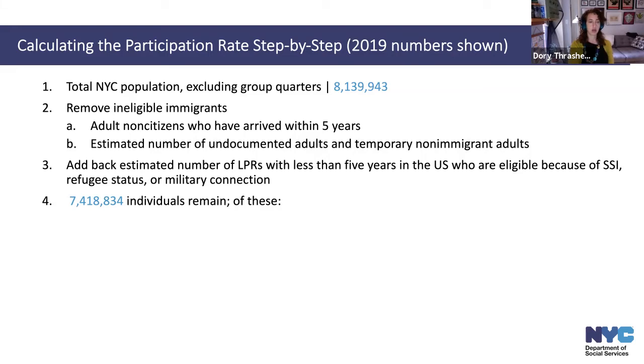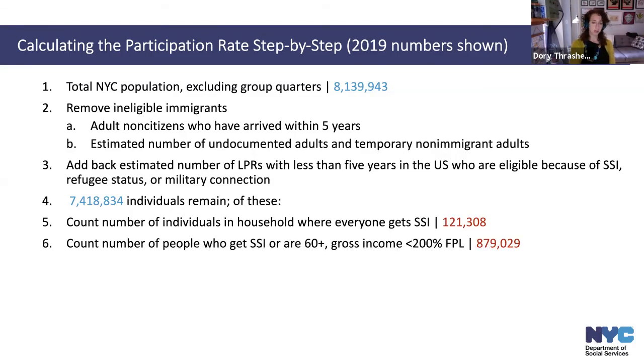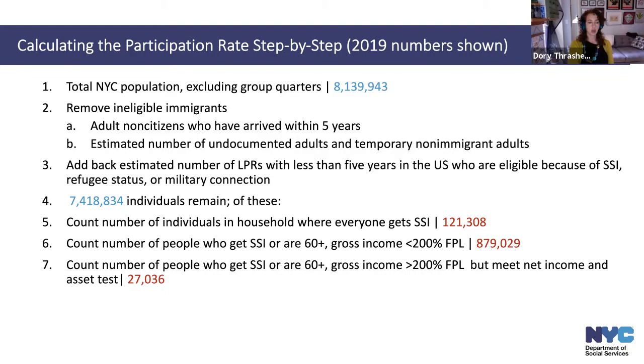And of these, we then count those who live in households where everyone gets SSI, 121,000. We count the number of people who get SSI, are 60 or over, and have a gross income of under 200% of the federal poverty line, another 879,000. We count the number of people who get SSI, are 60 or over, have a gross income of more than 200% of the federal poverty line, but they do meet our net income and asset tests, which is about 27,000.